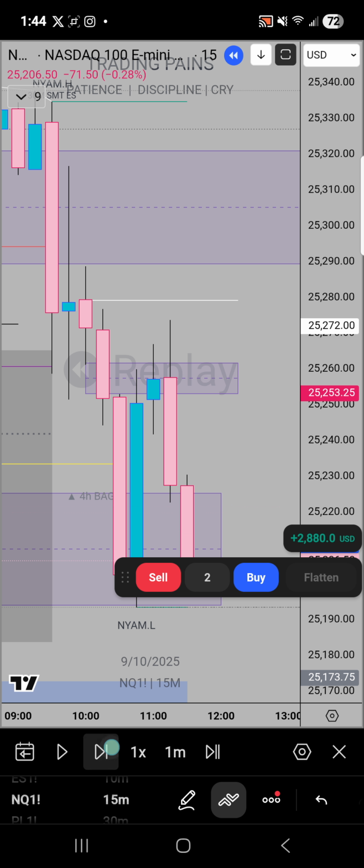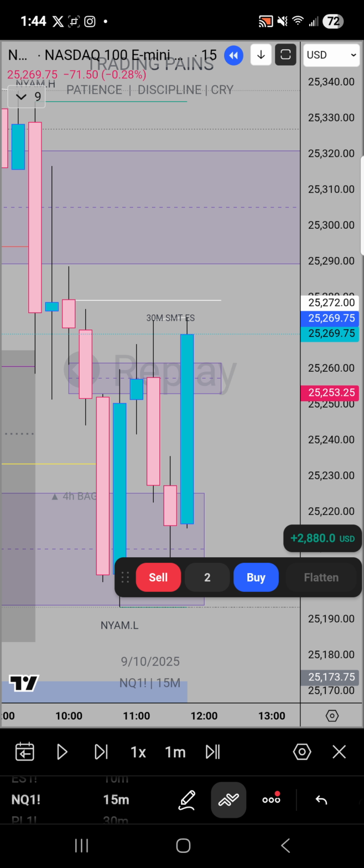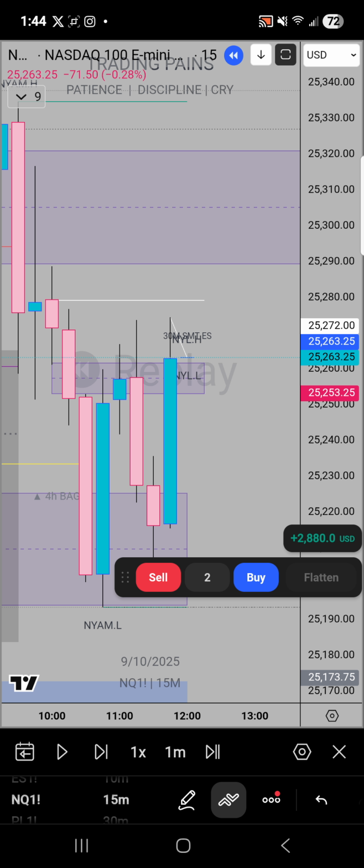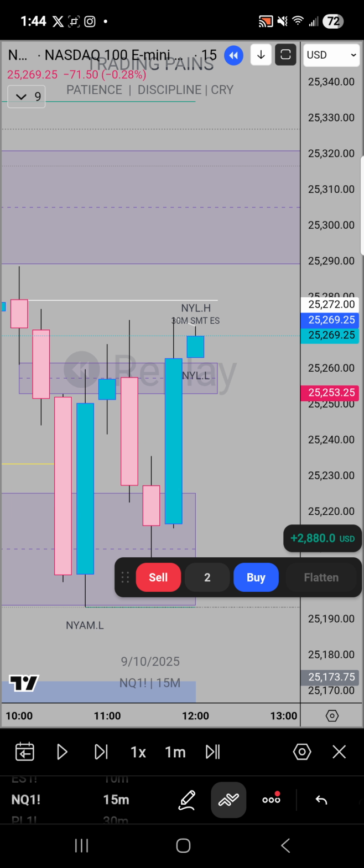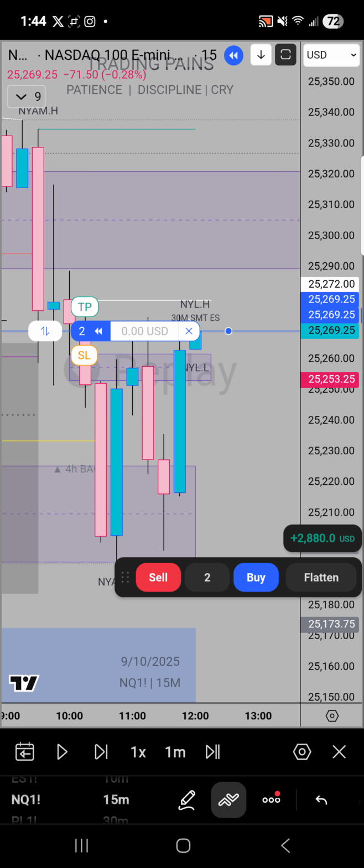Still going down, huh? Alright, so this looks a little better. We got an IFVG though on 30 minutes. A little tricky, but I think this is a good one to enter for longs.